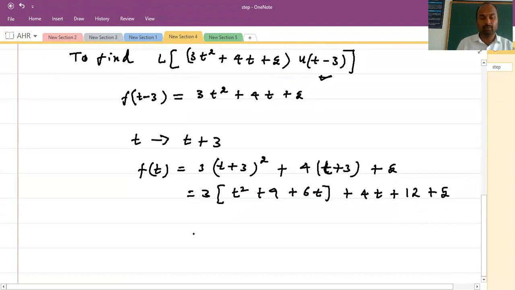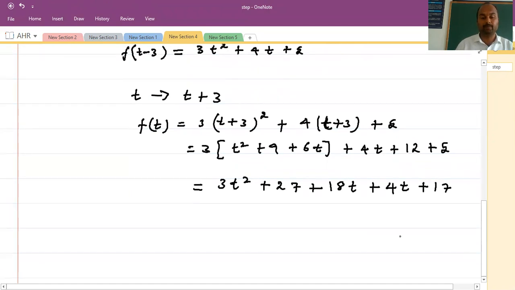Now if we simplify, it becomes 3t square plus 27, 9 into 3 is 27, plus 18t plus 4t plus 17, since 12 plus 5 is 17.